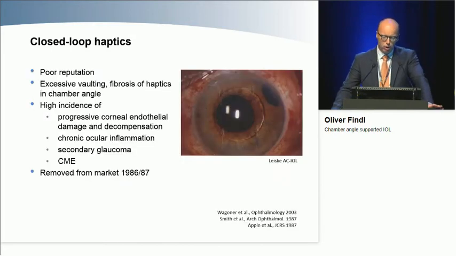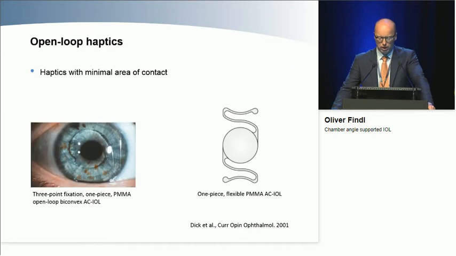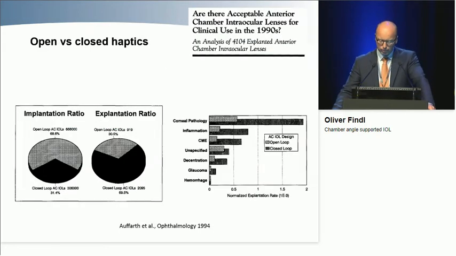So just these closed loops, I think they're the main reason for the poor reputation of AC IOLs. Excessive vaulting, fibrosis, as I just said before, corneal decompensation in many cases, and chronic inflammation with CME, glaucoma, and they were also removed from the market in the 80s, and then again came the open loop haptics with a small area of contact.